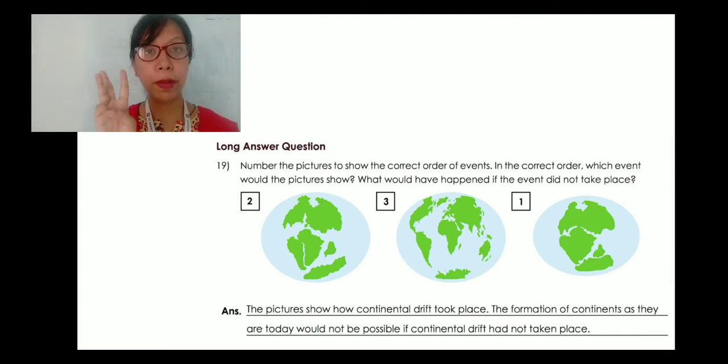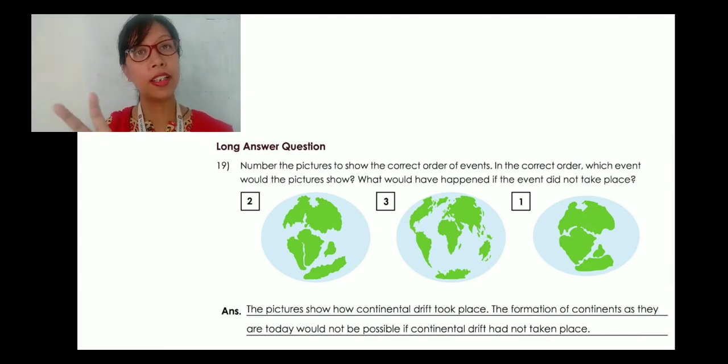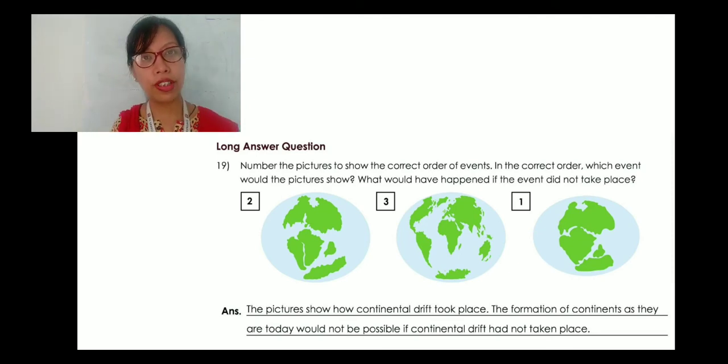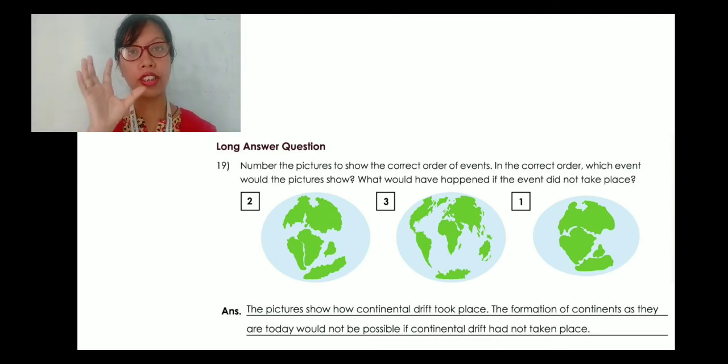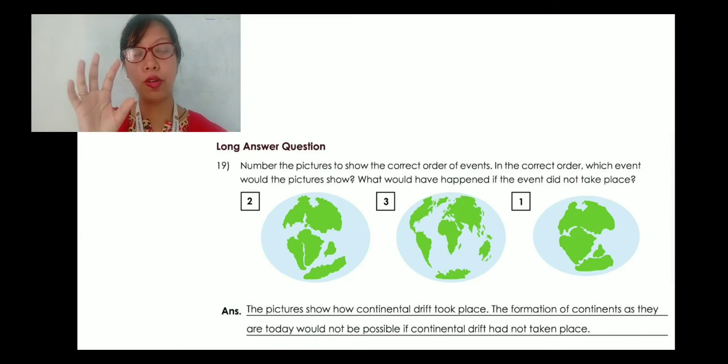There are three pictures, right? These are pictures of continental drift. So we have to number the pictures accordingly. First, as we have already studied, in continental drift, earlier the landmass was one whole piece, right?